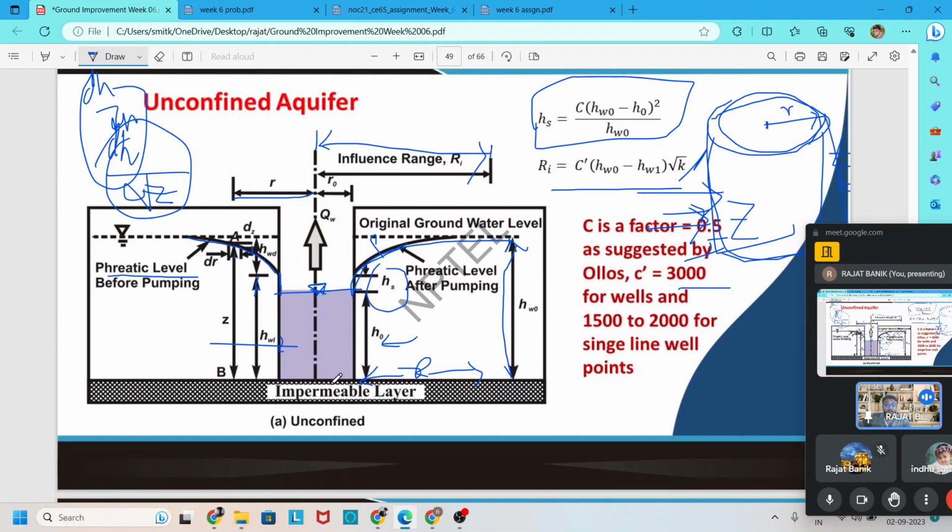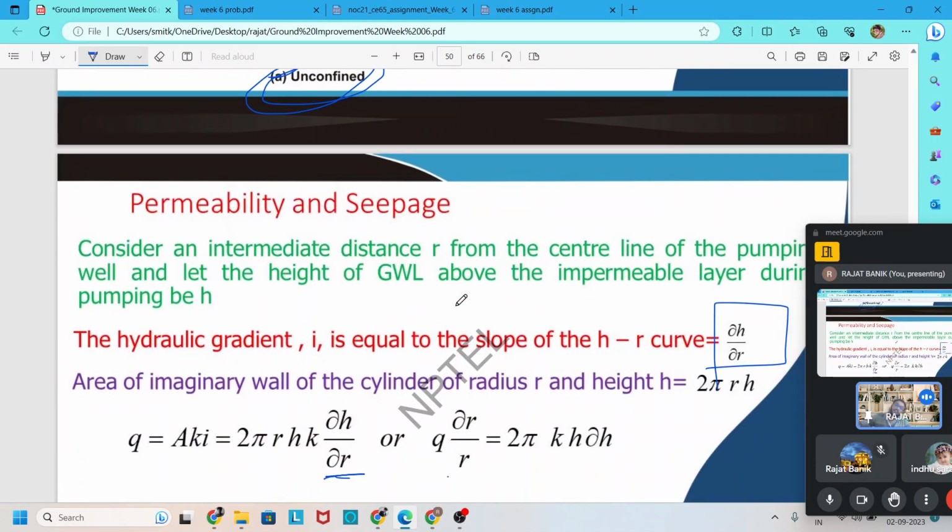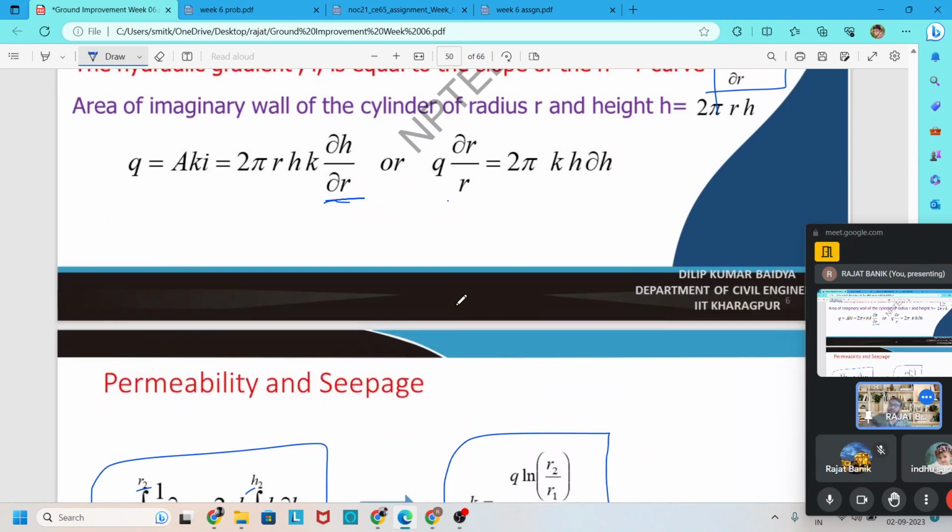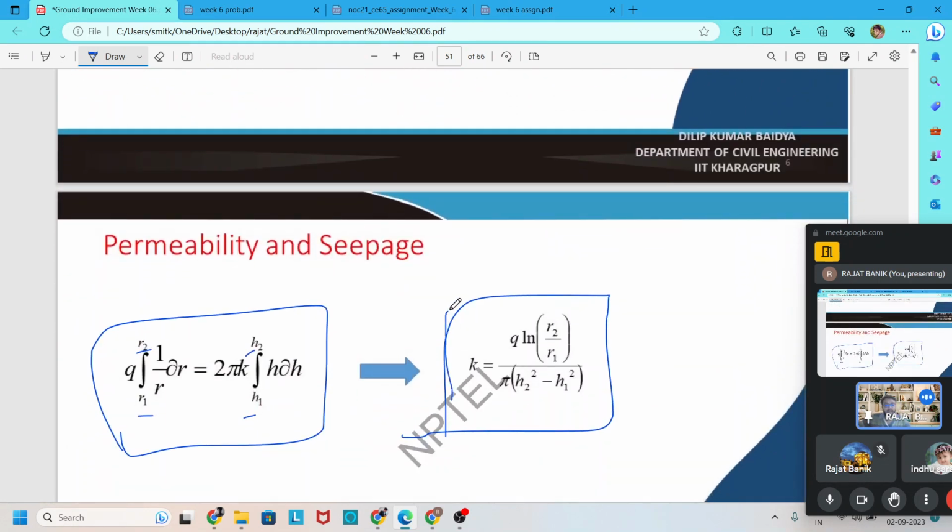You remember this formula is created for unconfined aquifer or unconfined soil. So we arrive at this formula, which is K is equal to Q into Ln(R2 by R1) divided by pi into (H2 square minus H1 square). By this formula we find out the permeability of the soil.